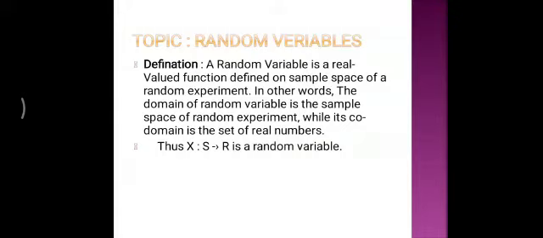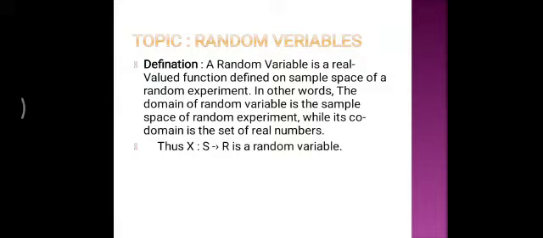The definition is: a random variable is a real valued function defined on the sample space of a random experiment. In other words, the domain of a random variable is the sample space of the random experiment, while its codomain is the set of real numbers.